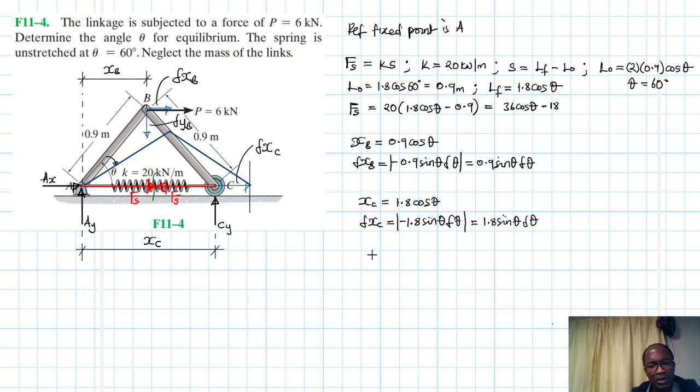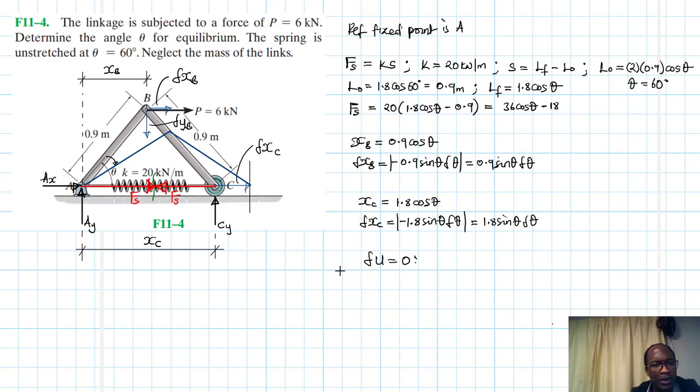Let's now plug this into our equation, which is del U equal to 0. Of course, at point A, there is no virtual work. At point B, we'll have virtual work in the horizontal direction. At point C, we'll have virtual work also in the horizontal direction.